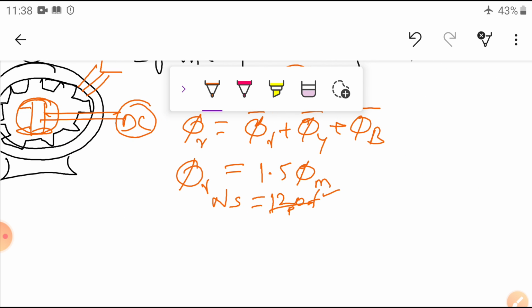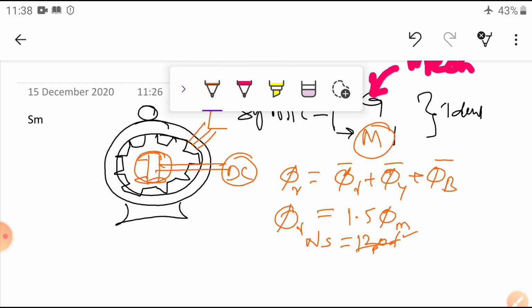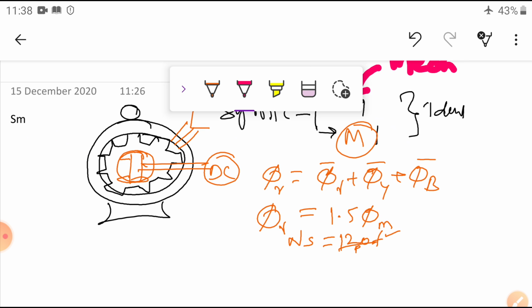Based on this, once it rotates in the air gap at synchronous speed, this flux acts as one north pole and another south pole. Now, once you give the DC supply, the rotor also produces its north pole and south pole on the rotor side.